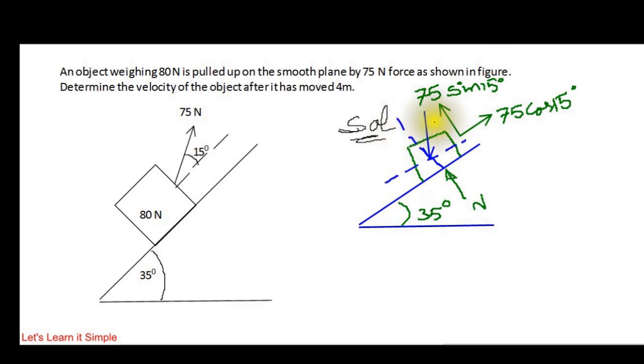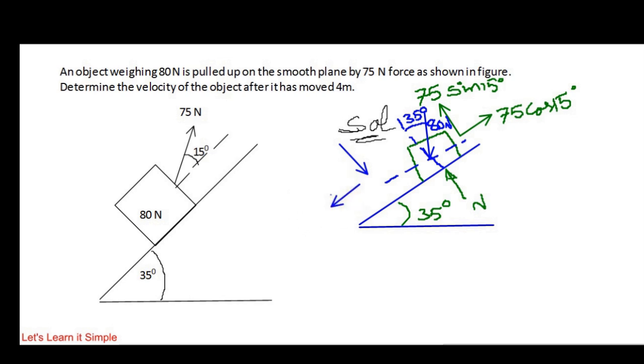The weight of 80 Newton will make an angle of 35 degrees like this. Therefore, the weight is also resolved into two components. One is in this direction, another is in this direction.